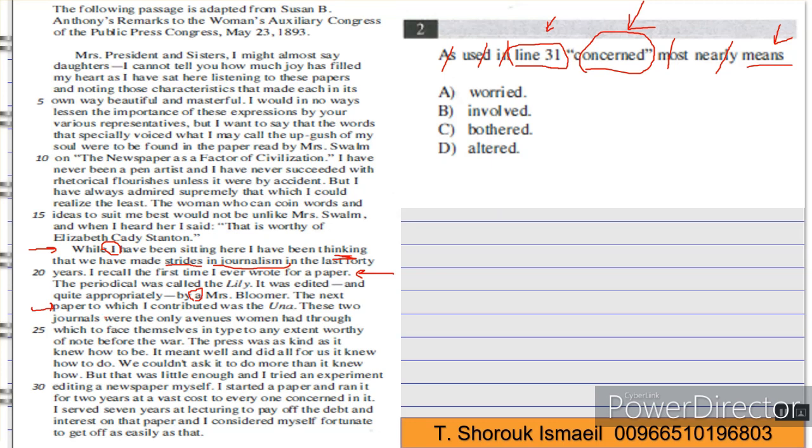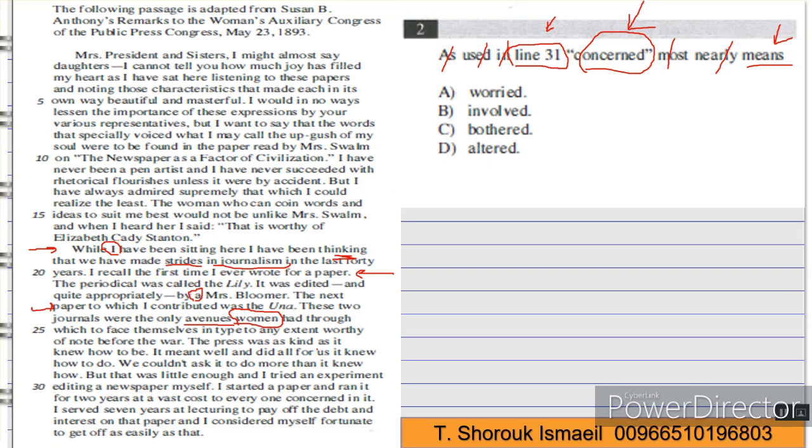These two journals were the only avenues, the only way women had through. So again, as we said, the author is a woman. So she's talking about women and their achievements or their rights. Had through which to face themselves in type to any extent worthy of note before the war.